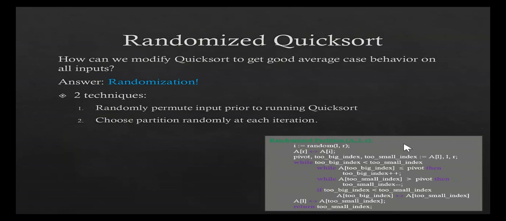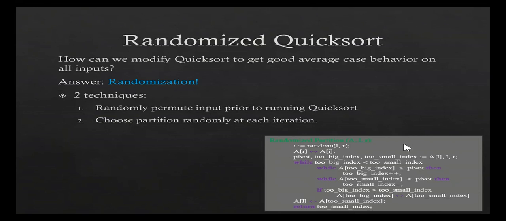There are two techniques for applying randomization. The first one is to randomly permute the input prior to running quicksort, because it will produce a tree of possible executions, most of which finish fast. The second one is to choose the partition element randomly at each iteration, instead of choosing the element in the highest array position.